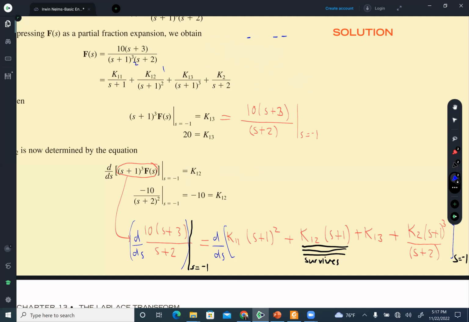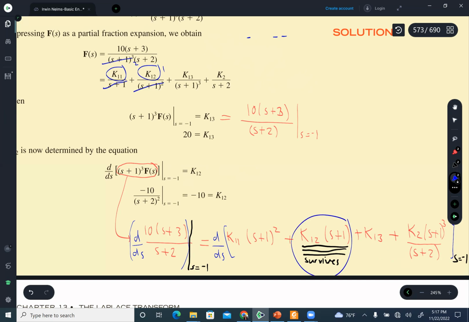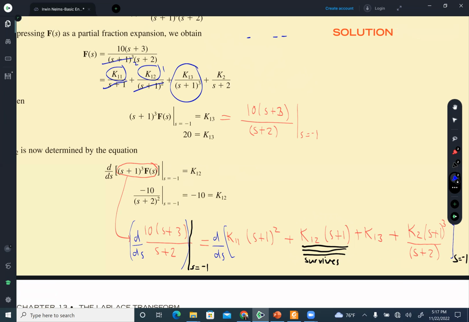So this guy is going to go away. And then I'm going to end up with this guy going away and this guy having s plus 1 squared. This guy going away and this guy having s plus 1, right? So I have that here. And this guy is going to have just K13. And this guy is going to have s plus 1 cubed. And then I have some denominator for that, right?